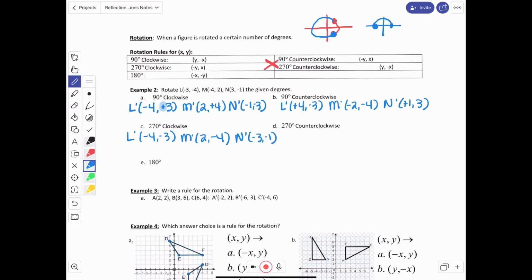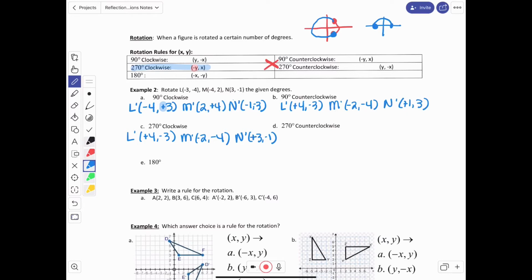Okay? And we're looking at 270 degrees clockwise, this one right here. The Y is what's changing. So I go back and I make this positive, this one negative, this one positive.